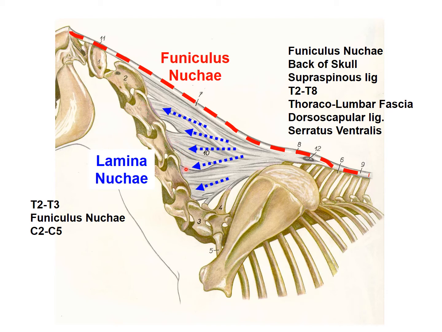Now, other than the physiological importance of this structure, which is to support the heavy weight of the head and neck and to provide flexibility for the head and neck during continuous movement, for example grazing, there are clinical importances for this structure.